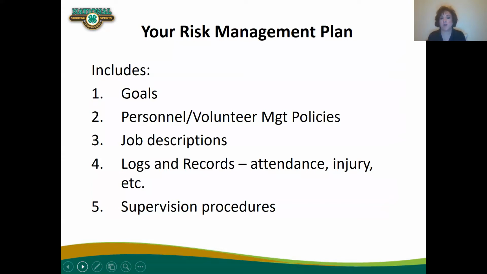Personnel policies: information about volunteer application and training procedures, state supervision ratios, state transportation of minor policies, etc. A job description. This is something that we're working on, trying to get all of our 4-H volunteers in general to have a job description, but especially shooting sports volunteers.